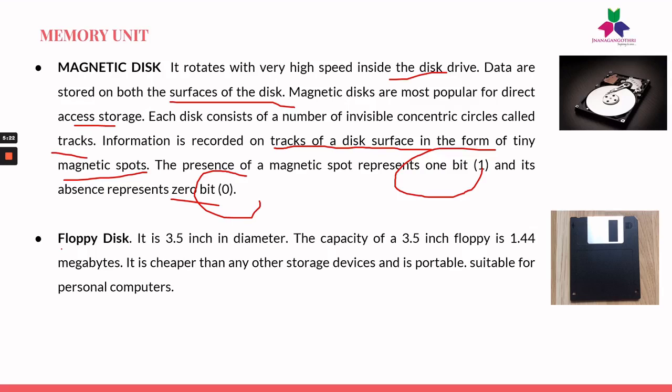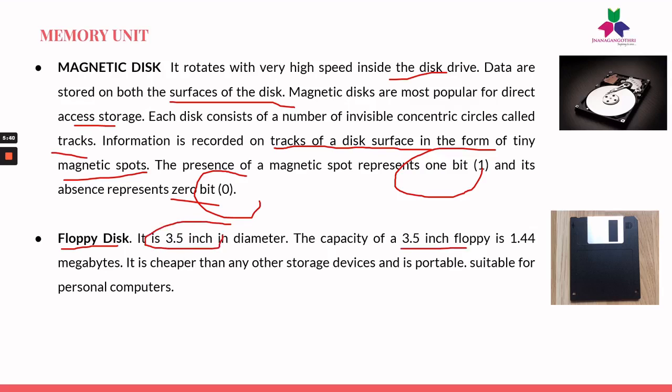So the next is the floppy disk. A floppy disk is 3.5 inch in diameter. So we're talking about its dimensions here. The capacity of a 3.5 inch floppy is 1.44 megabytes, that is 1.44 MB.